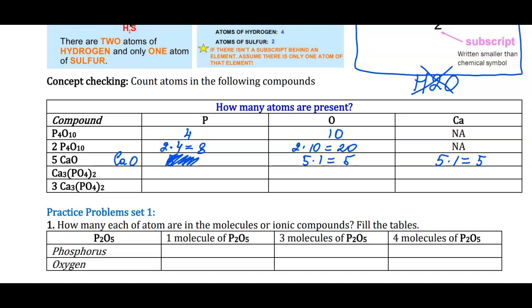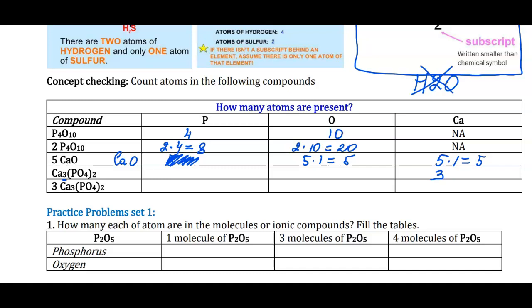The next one, calcium phosphate. An ionic compound too. It's a type of salt, calcium phosphate. So this small subscript here, Ca3, shows us that we have 3 calcium atoms here. So 3 for calcium, right? Then (PO4)2. And see, there are parentheses here and a small subscript to the right side of the parentheses.